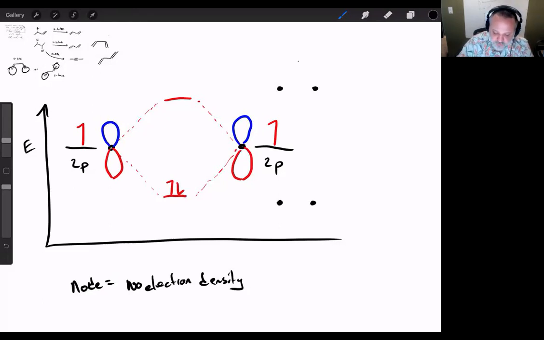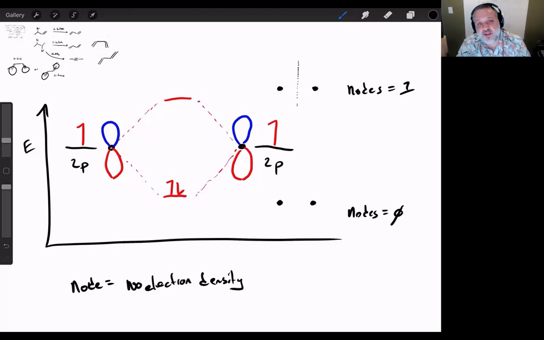When I combine orbitals, I'll start with the number of nodes equaling 0, and then the number of nodes goes up. When I'm combining these p orbitals, they go up by 1 each time. So since I'm only combining 2 p orbitals, I get 2 molecular orbitals out. Again, 2 orbitals in, 2 orbitals out. One goes low in energy, the other one goes higher in energy.